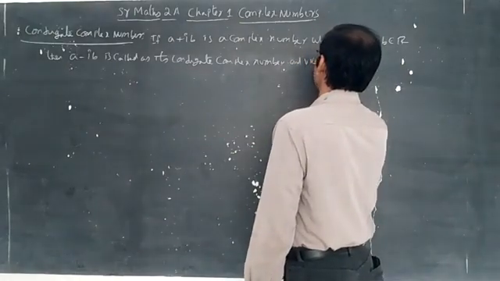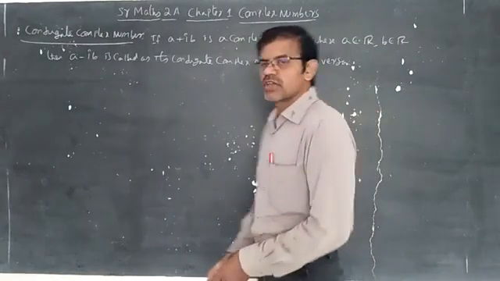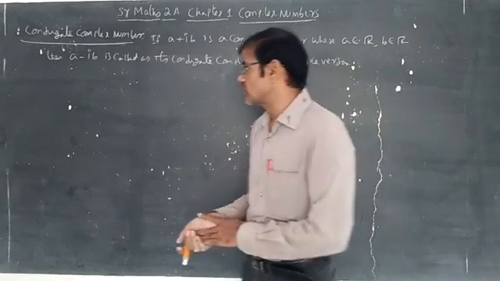That means if a minus ib is a complex number, then a plus ib is its conjugate complex number.